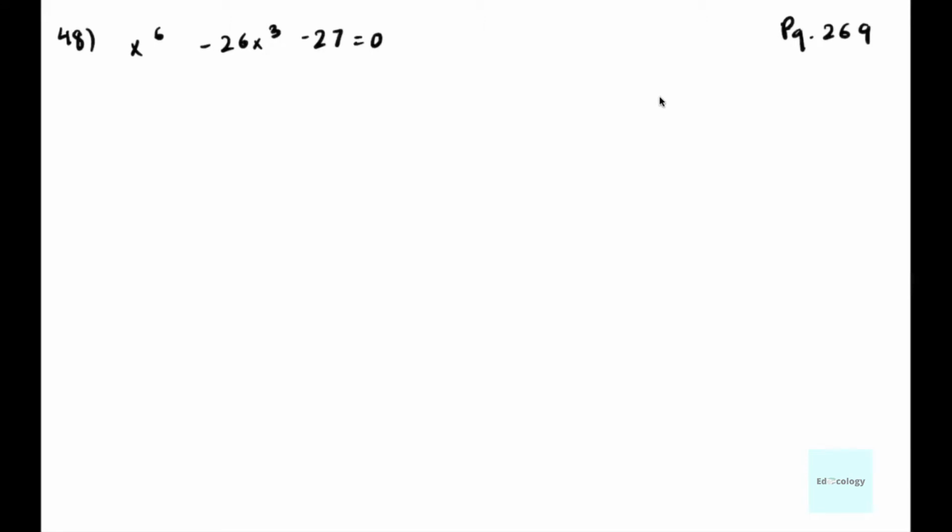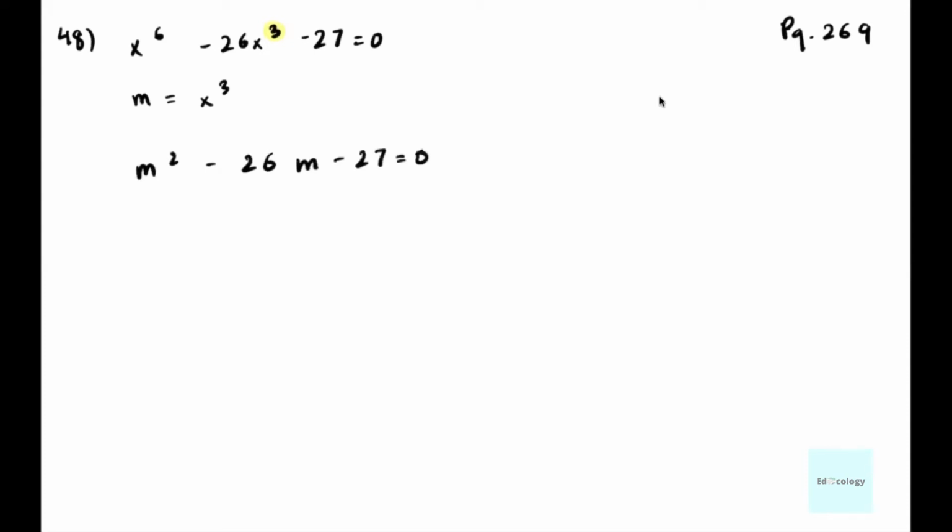The lowest degree here is 3, so let's say that m is equal to x to the power of 3. After you substitute it, it will be m squared minus 26m minus 27 equals 0.